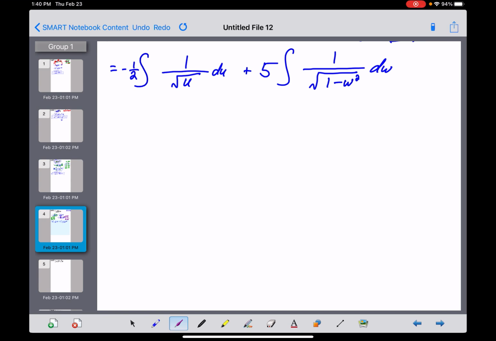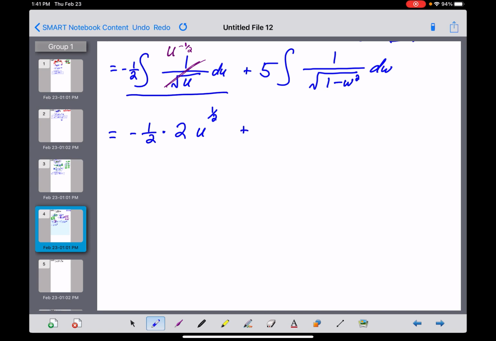I tell you what, I'm going to save a step here, guys. I'm just going to rewrite this as u to the negative 1/2 power, and we'll just reverse the power rule on that. So where are we here, guys? We've got a negative 1/2 times. We're going to take our u, raise the power by 1, so it's now a positive 1/2, and then divide by that new exponent. So dividing by 1/2 is the same as multiplying by 2, and that'll take care of that first integral.